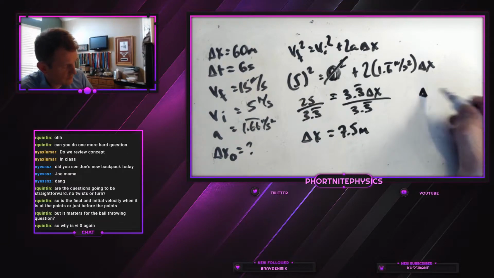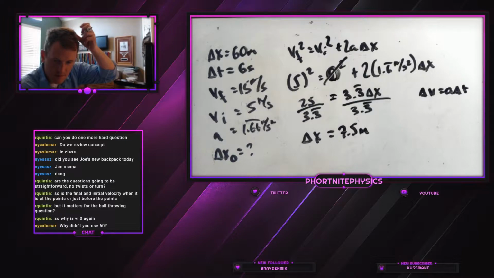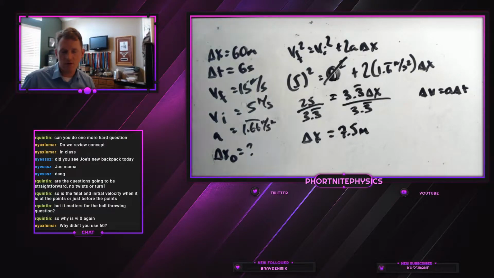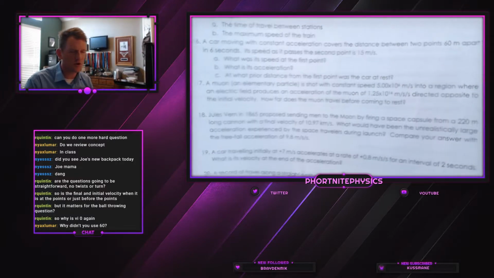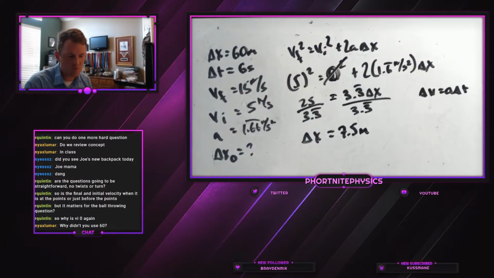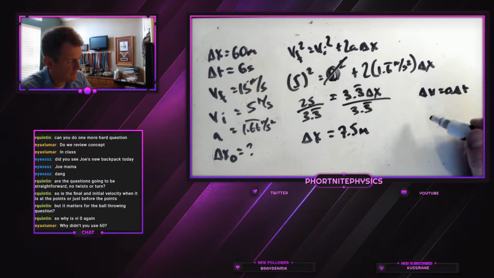Why didn't I use 60? I used 60 for the first part, and then for part C, at what prior distance from the first point was the car at rest? That is before everything. So that's why I didn't use 60.